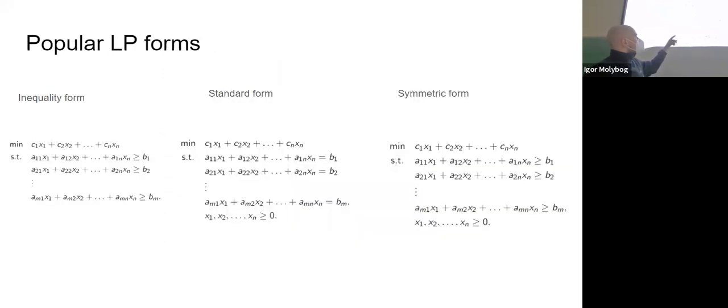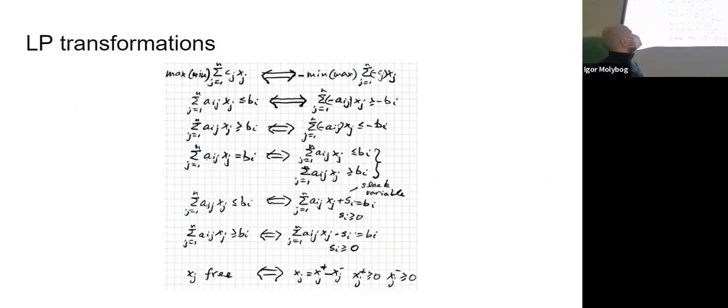By applying these transformations to any LP, really, that doesn't have to be in any form, you can convert it to an LP in one of these main forms. Let's go over these transformations quickly. The first property is that maximization is a negation of a minimization of a negation. This is a property that you already know. Then you can multiply inequalities by -1 to switch the sign.